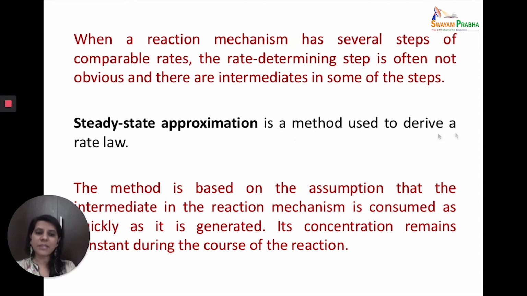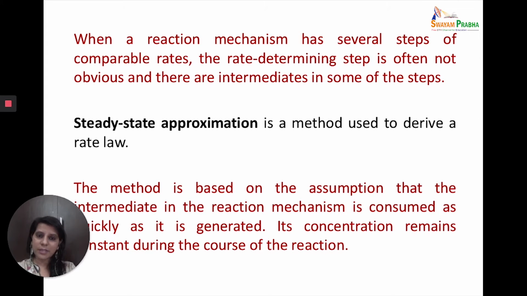This is a method used to derive the rate law in cases where there are intermediates in the rate determining step, or the rate constant values of each of the elementary steps are almost in the same range. This method is based on the assumption that the intermediate in the reaction mechanism is consumed as fast as it is generated.